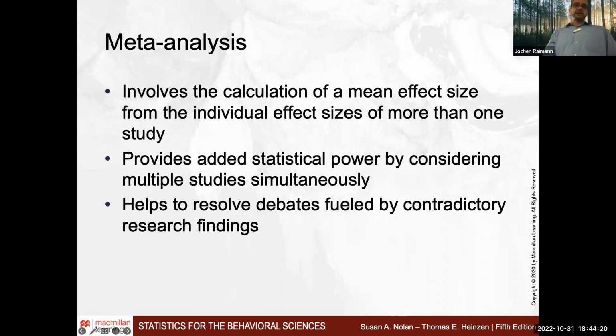However, it provides added statistical power because you consider all these studies simultaneously in one estimate, and it sometimes helps to resolve debates fueled by contradictory research findings. But it also sometimes adds to the debate, not necessarily in the most helpful manner.